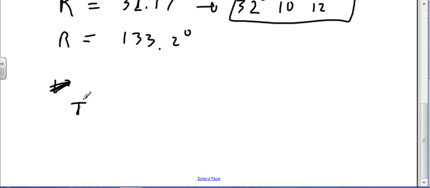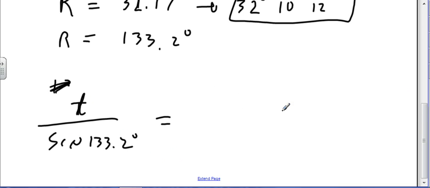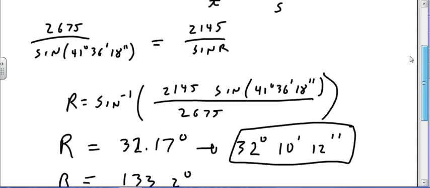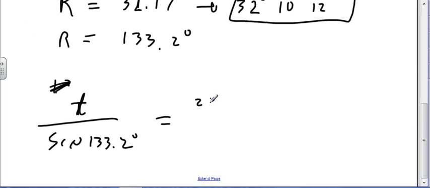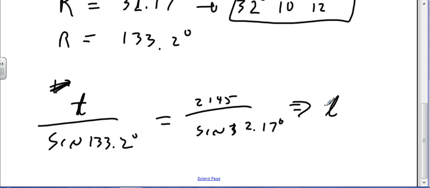Little t divided by the sine of 133.2 degrees is equal to R, 21.45 divided by the sine of 32.17. And then we don't have to worry about the degree, minute, second things.